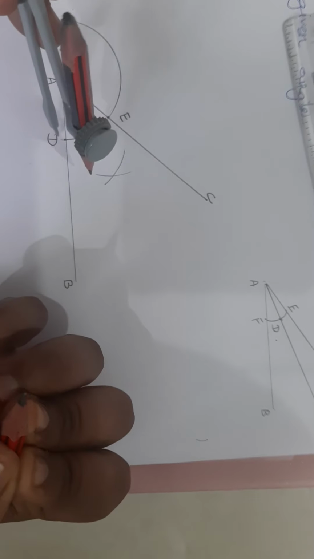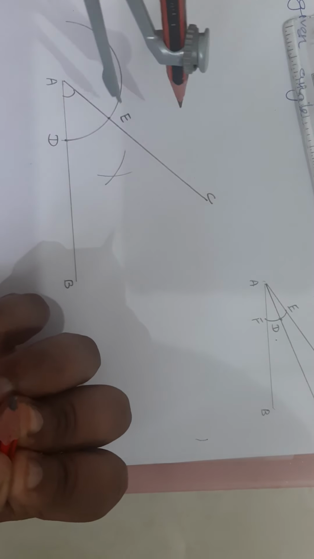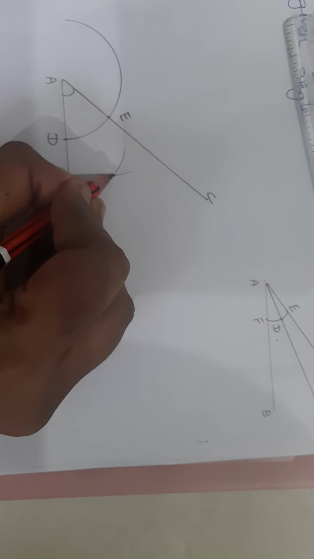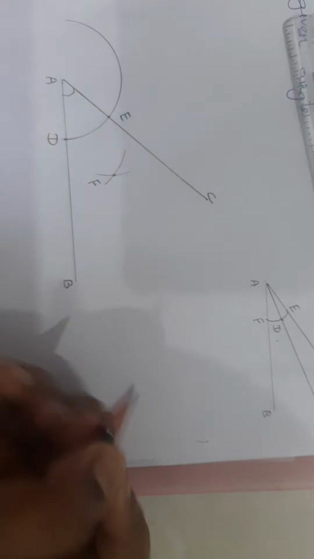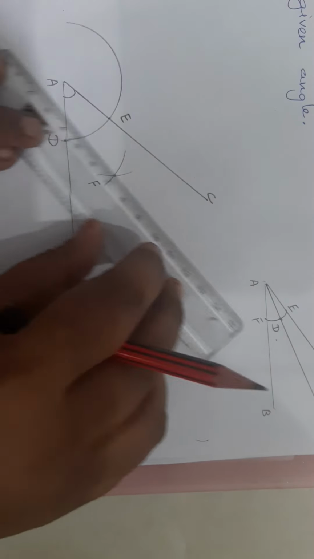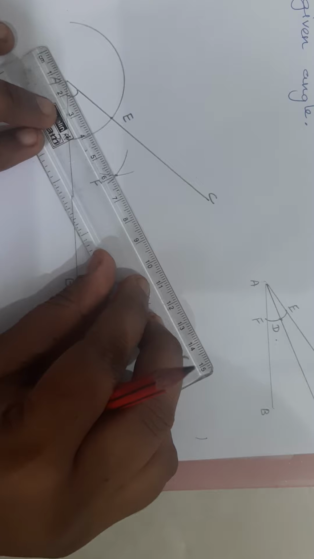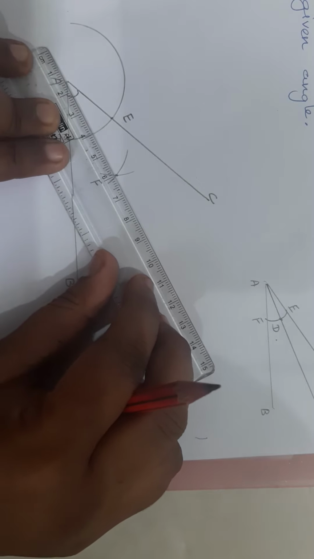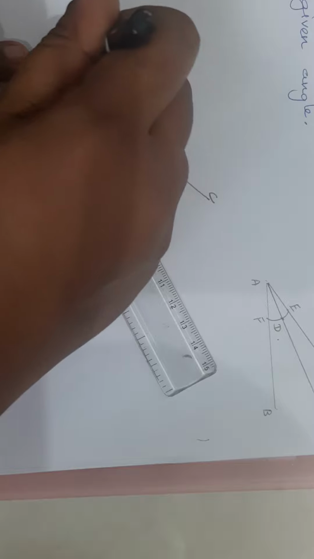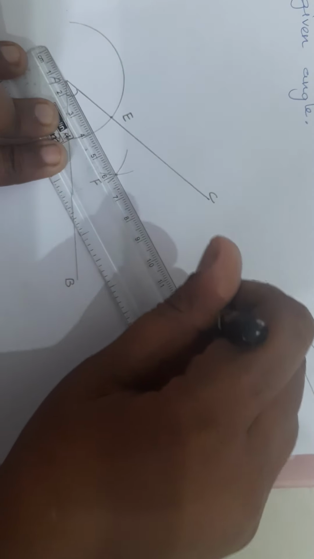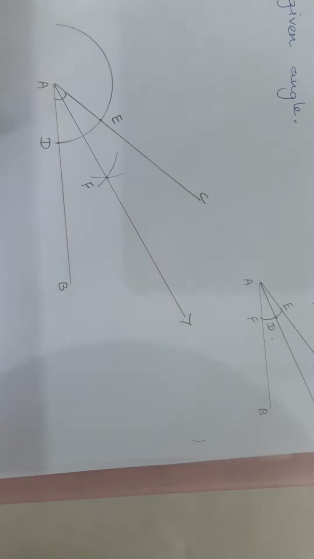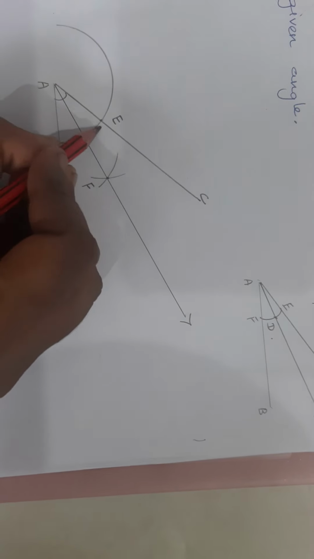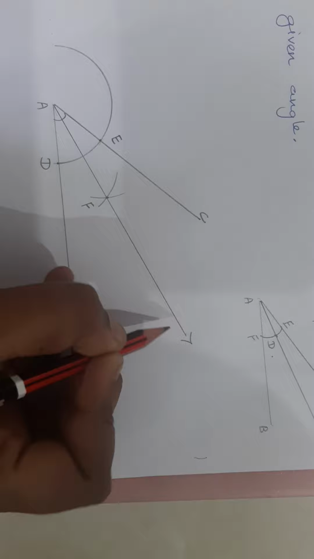Okay. From, keep the needle at D, cut one arc, and keep the needle at E, cut one arc. So, you will get one intersection point, that is F. So, using that intersection point, you can join that intersection point with the point A. Okay, so now you will get the angle bisector.